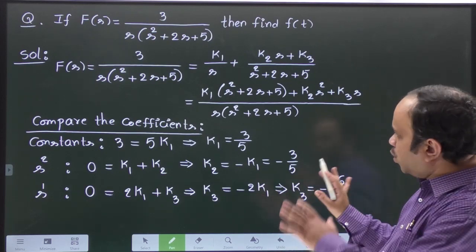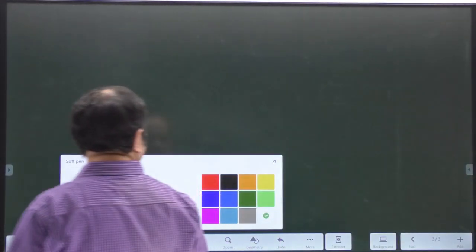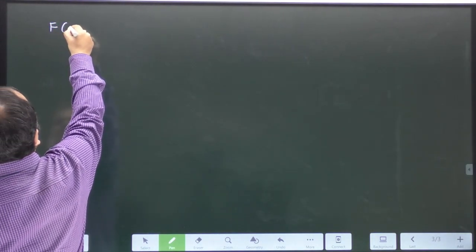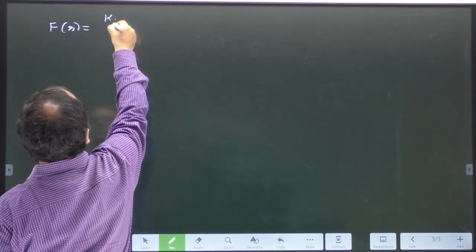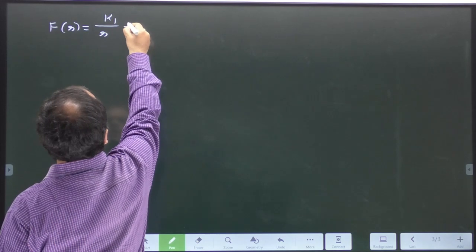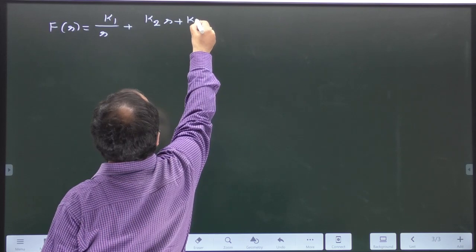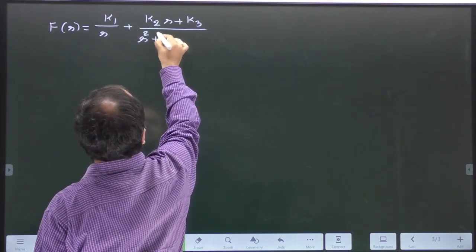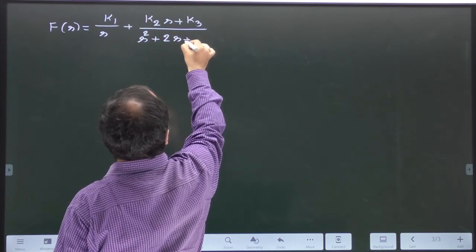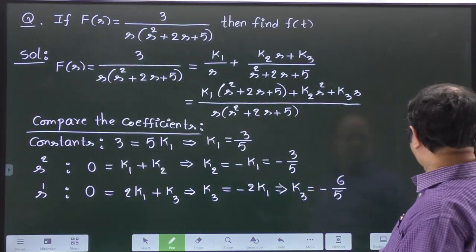Once you have these coefficients, now let us rewrite the given equation. F(s) is equal to k1 by s plus (k2 s plus k3) divided by (s square plus 2s plus 5).